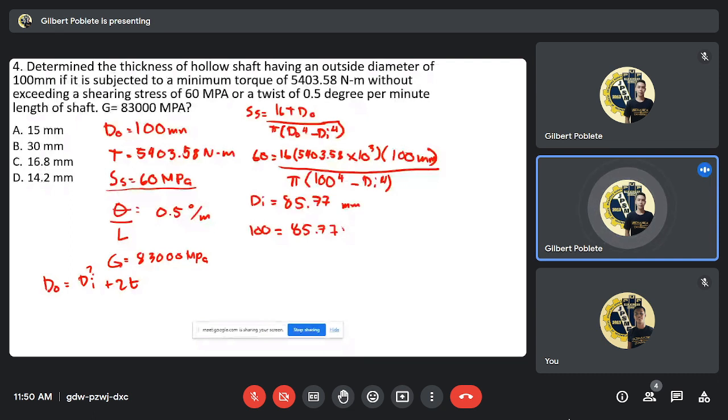Sumawa natin yung thickness. 100 equals 85.77 plus 2t. So, meron tayong 7.11 millimeter. So, wala siya sa choices natin.